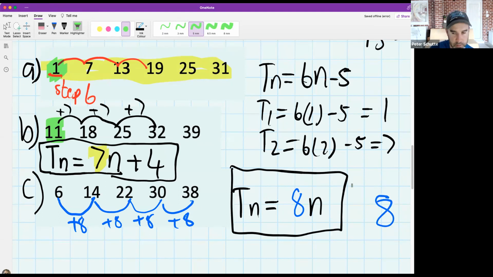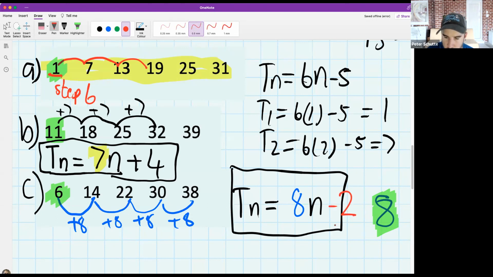However, that's a problem because 8 is not what I want. What I really wanted was 6. So what can I do to get from 8 down to 6? -2. Yes, exactly. And so we take away 2.